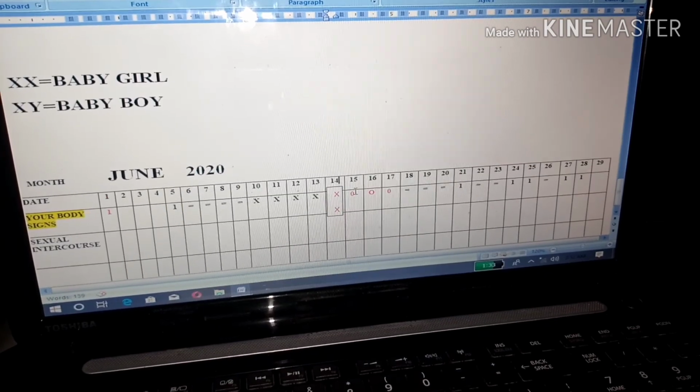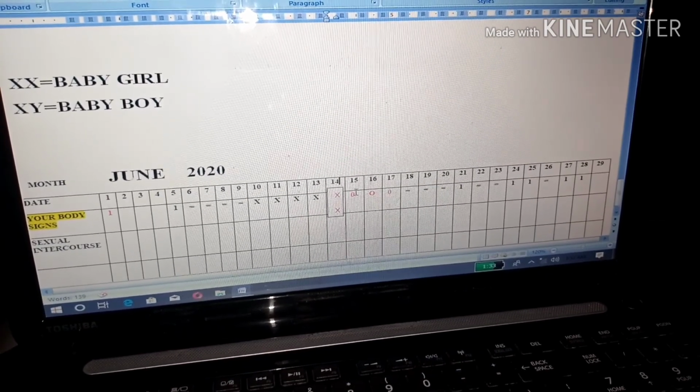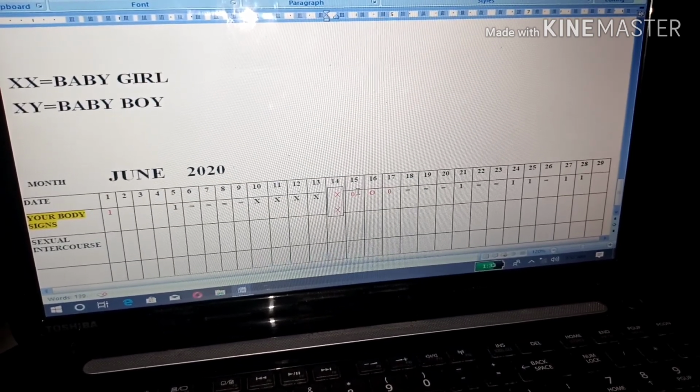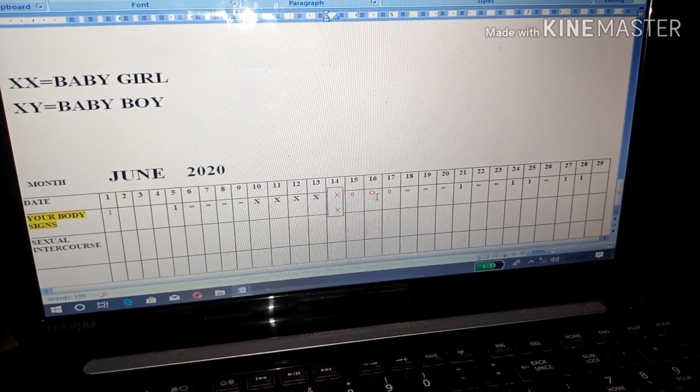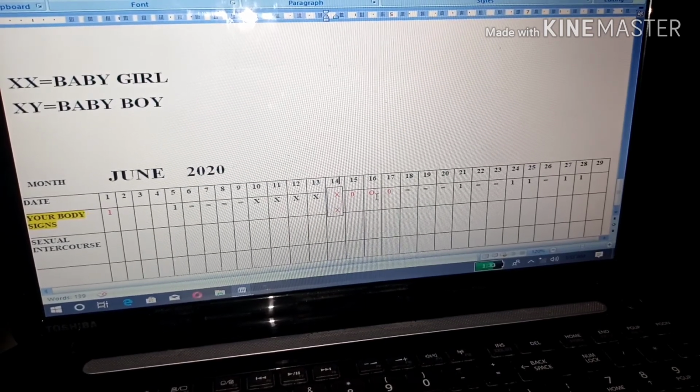Remember, we said that the sperm lasts for 12 to 24 hours. That means by the 15th day, the sperm is still going to be viable. And then even on the 16th day, your chance of having a baby boy is still there. Why? Remember when I talked about tracking your ovulation, I told you that due to some changes, some hormonal imbalance, you may not ovulate on the 14th and you see yourself ovulating on the 15th.